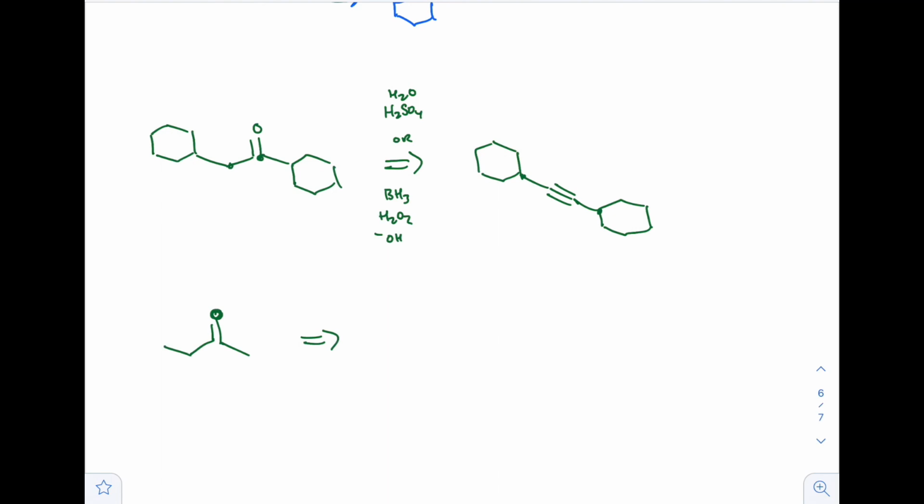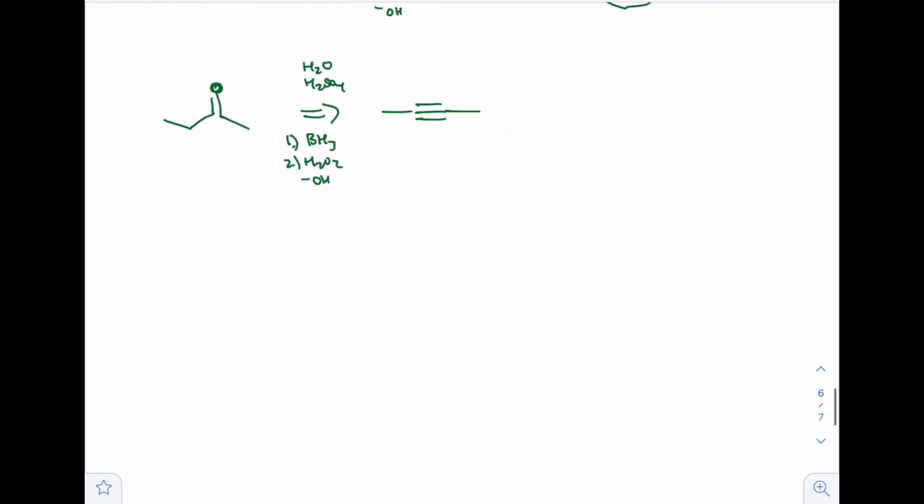Let's take a look at this last one. The reason why I want to do this is because the above alkyne can make that ketone with either one of those reagents, but this one is very specific and requires either the acid and water or the hydroboration and oxidation. So which one would it be?